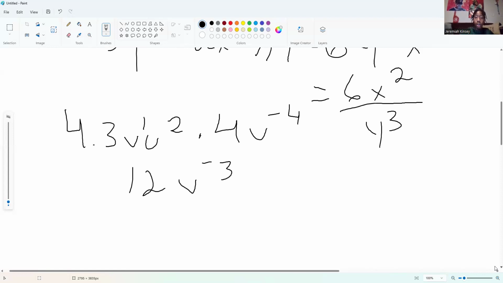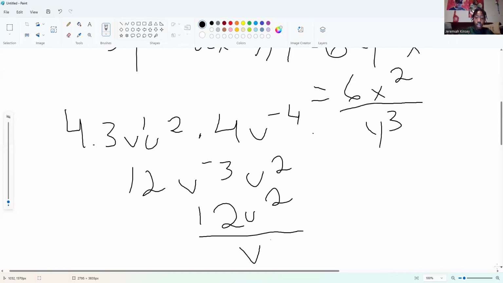Then we have a u squared times no u on that side, so we just bring down the u squared. What's the problem? We have that negative 3 up there. So 12u squared, bring that negative 3 to the bottom, since we need only positive exponents. And we're done. Makes sense?